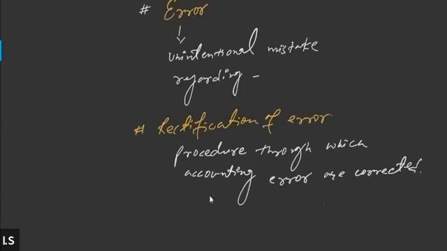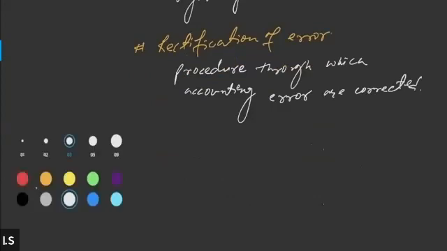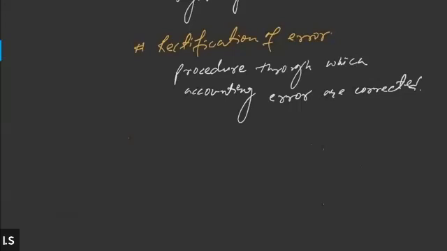Okay, now the question arises, sir, why is there a need to rectify the error? What is the objective or the purpose behind rectifying the accounting error? The answer is pretty simple. If we don't rectify the error, what will happen?